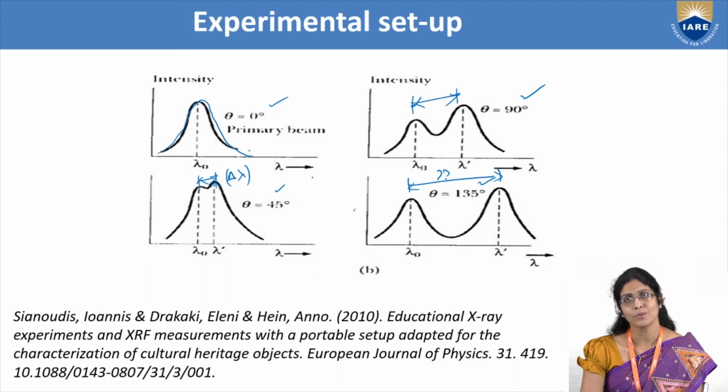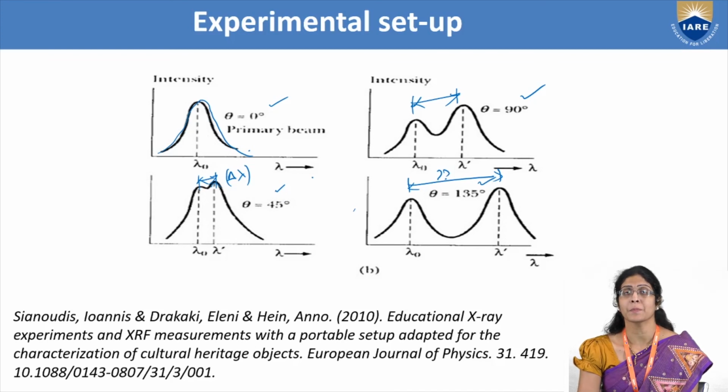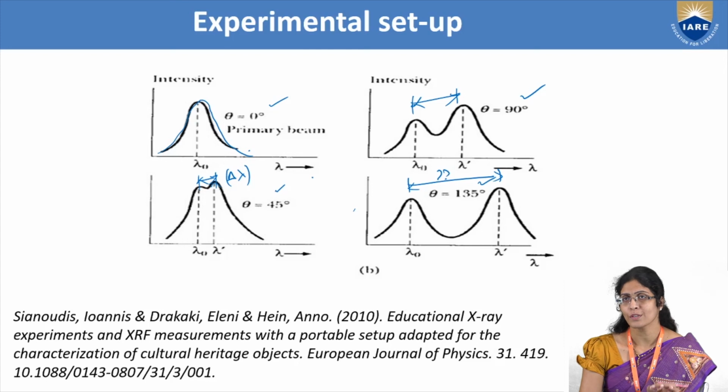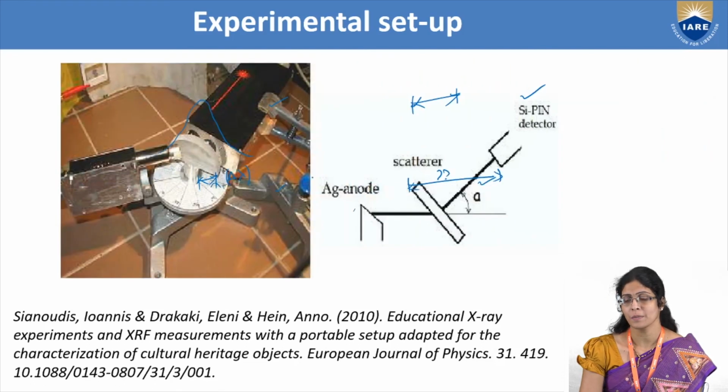All these experimental values were able to match with his proposed theoretical explanation. So holding on to this, I want you to look into a paper where educational X-ray experiments were done in their lab with a portable setup. This is a portable setup where they characterized cultural heritage objects for XRF measurement.